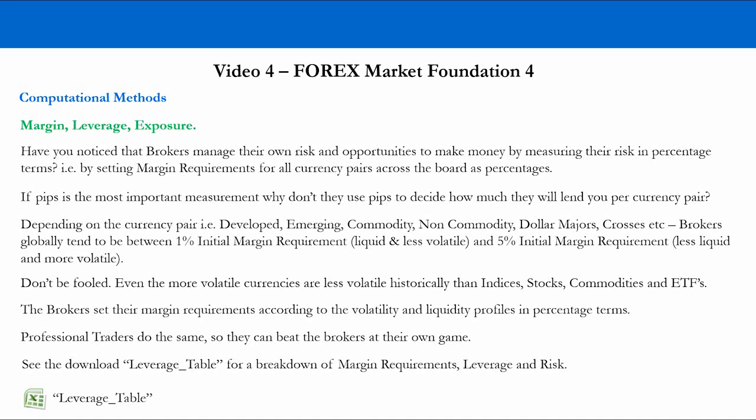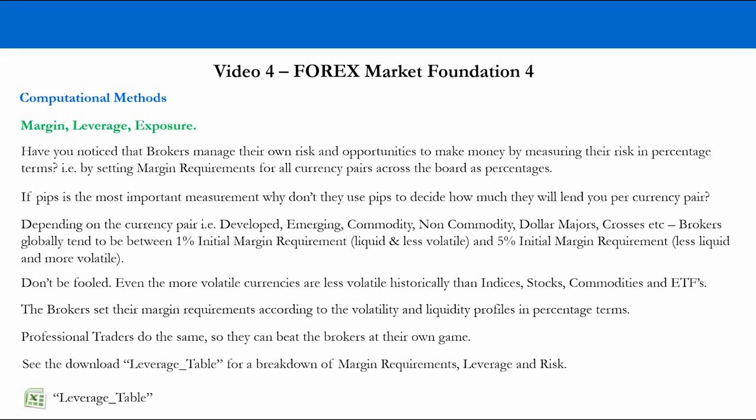And professional traders are doing this so they can beat the brokers at their own game. What you can do is go into the download section of this video, and you'll find a spreadsheet called leverage table, and you'll get a full breakdown of margin requirements, leverage, and risk.